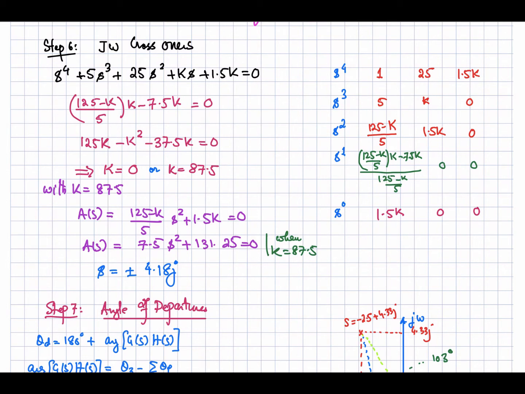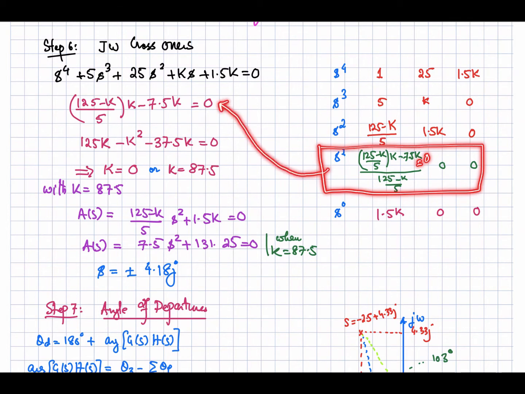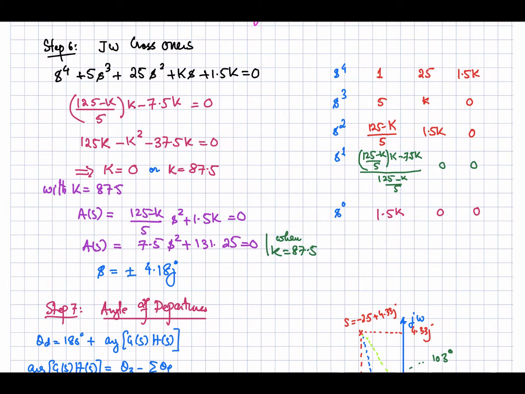So if we now set this equation equal to 0, the whole row will become 0. Taking this one over here and setting it equal to 0, we get this expression, and simplifying this one, we have this equation. So there are two possible values of k, either k is equal to 0 or 87.5.